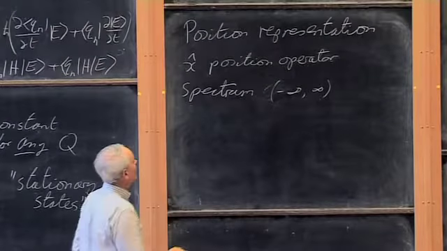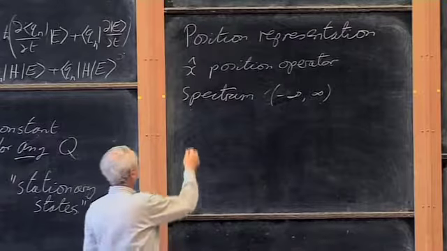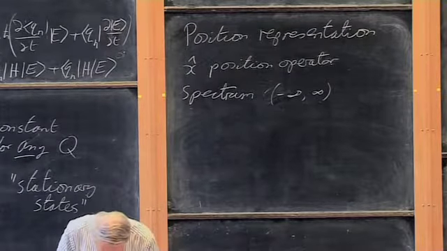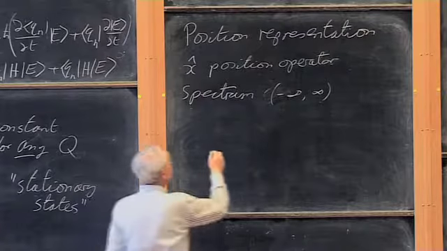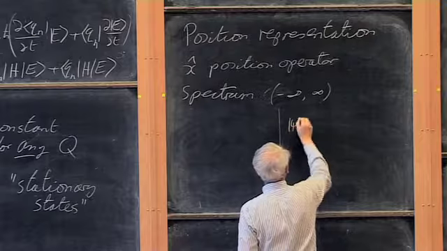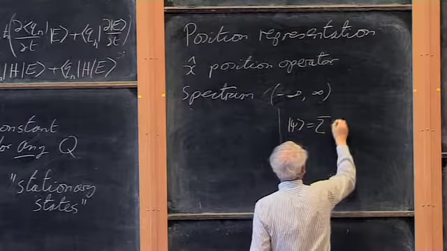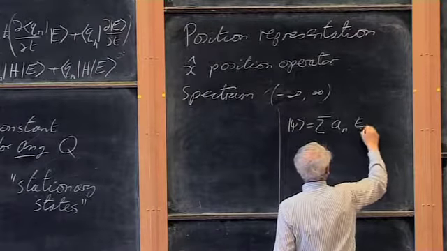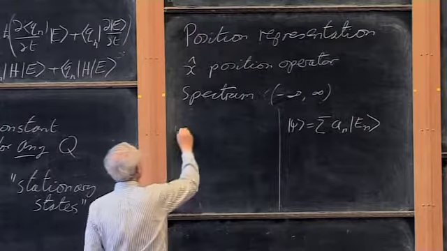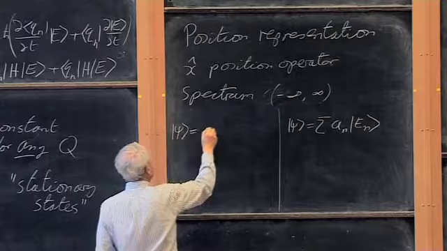So we used to write, we have been writing, let's divide the board, we have been writing that psi is equal to some sum of an times the ket en. We use the energy representation. Now we're going to write that psi is equal to an integral.